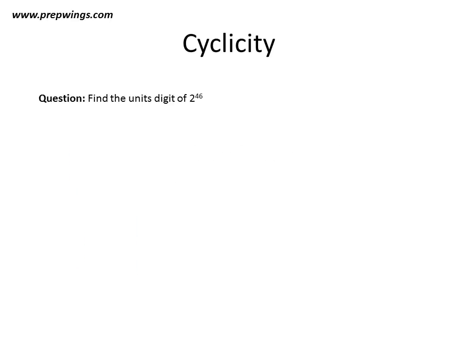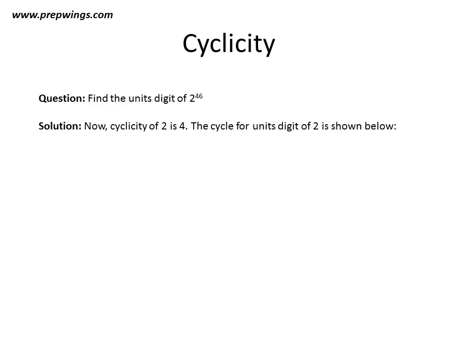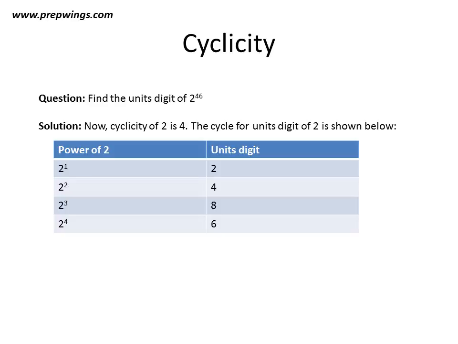Now we will look at the example to find the units digit of 2 raised to power 46. Here we show the cycle for power of 2, which was 2, 4, 8 and 6. Now 2 raised to power 4 ends in 6. 2 raised to power 44 will also end in 6 because 44 is a multiple of 4.